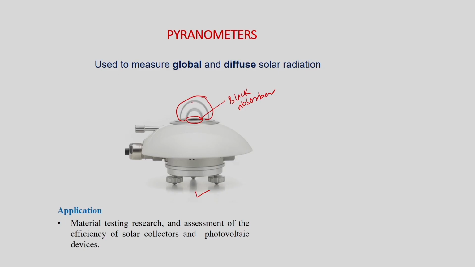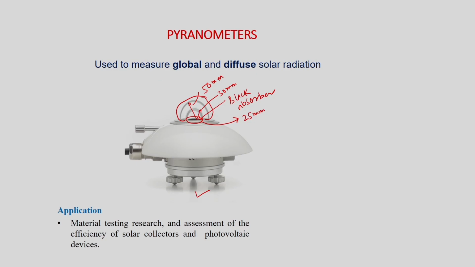Normally, if we draw a line here, this diameter is about 50 mm outer diameter, and this is about 30 mm, and this is a circular disc kind of absorber, about 25 mm in diameter.